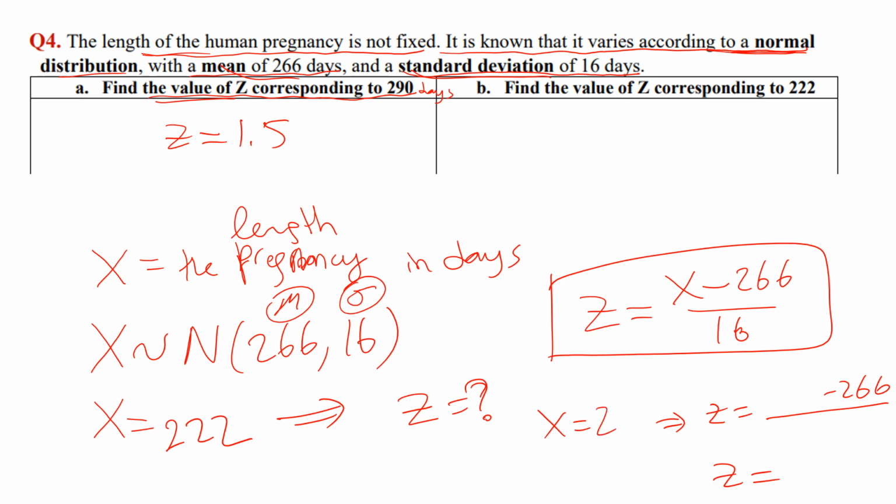Now, if x is 222, we will end up with 222 minus 266 over 16, which is equal to negative 44 over 16, which is equal to negative 2.75. If you use a calculator, you will see it's negative 2.75.